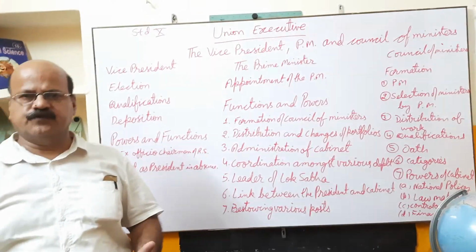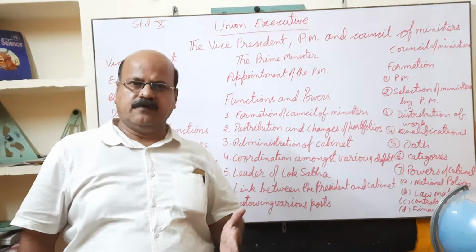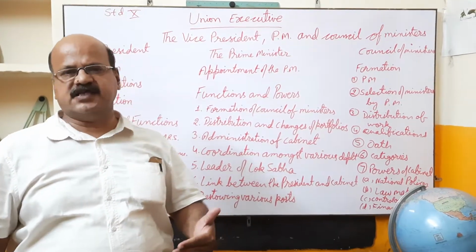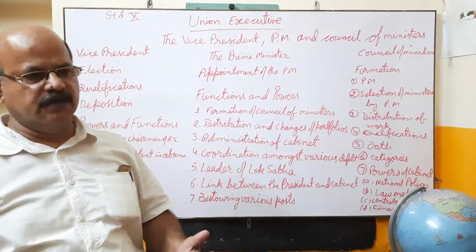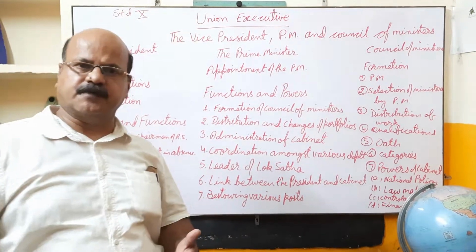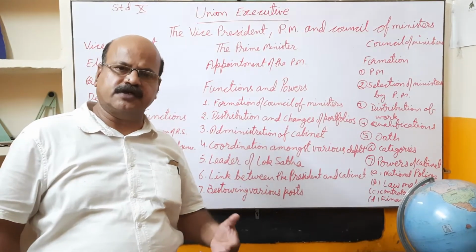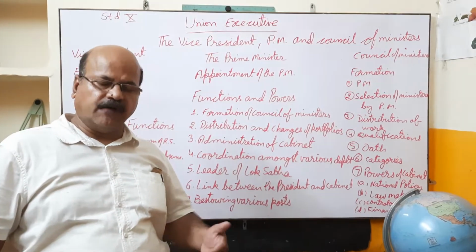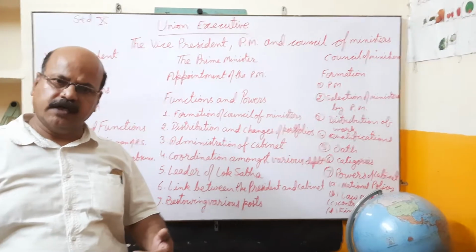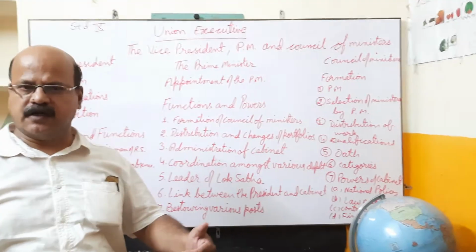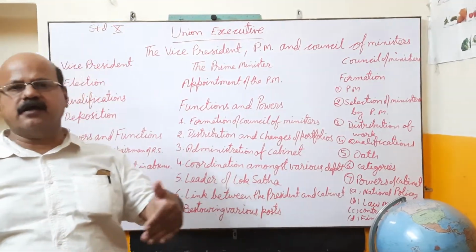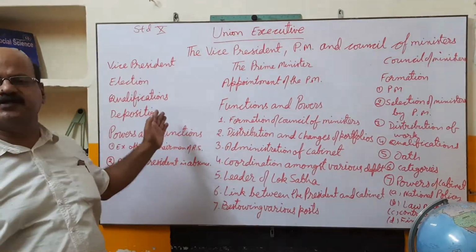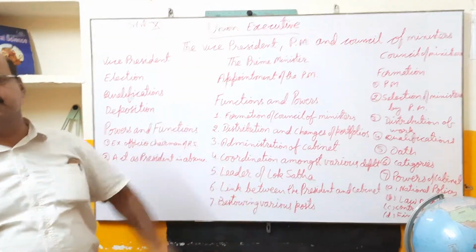There is only one provision: if Rajya Sabha terminates the vice president with majority, and for this purpose a resolution is presented before either house, then through voting, if Rajya Sabha decides by majority and it is again accepted by the Lok Sabha, only then can the vice president be terminated from his office.